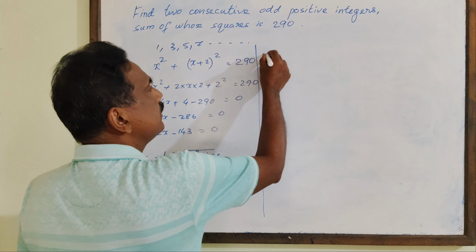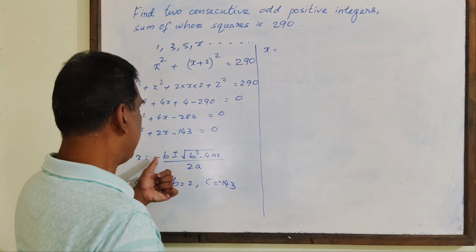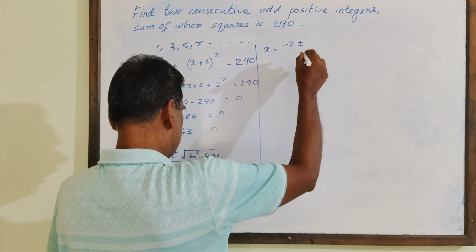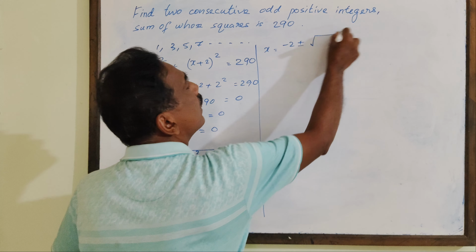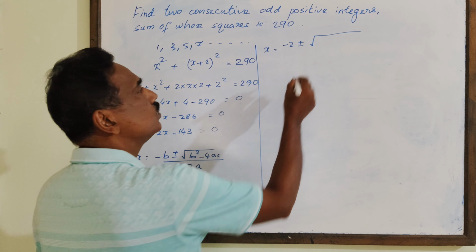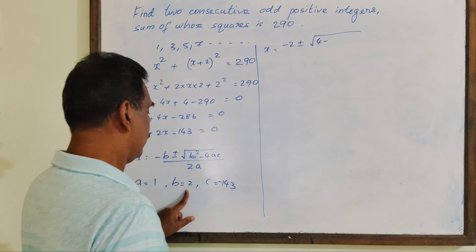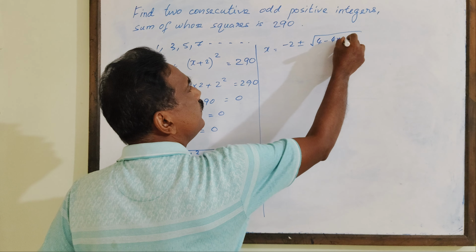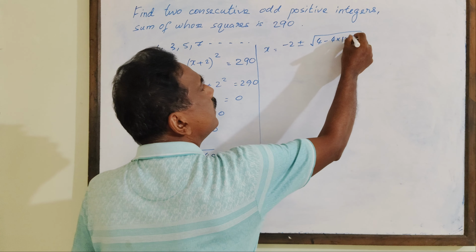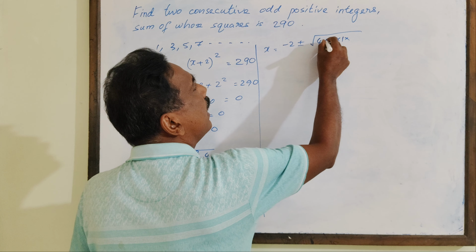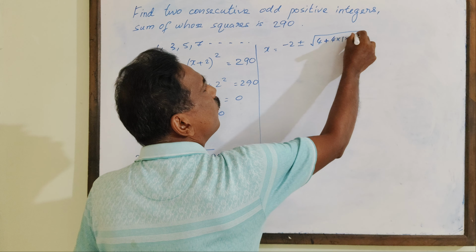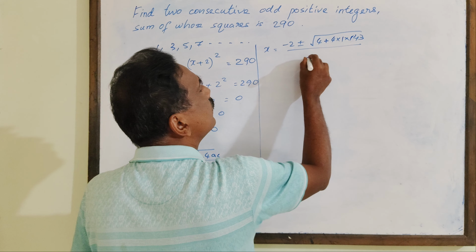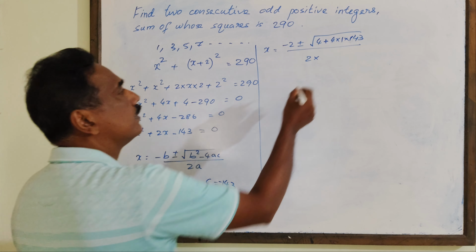Now putting in this equation, x is equal to minus b. What is b? b is 2, so minus b is minus 2, plus or minus square root of b square. b square means 2 square, that is 4, minus 4 into a is 1 into c is minus 143. So that minus and this minus together become plus 143, whole divided by 2 into a is 1.